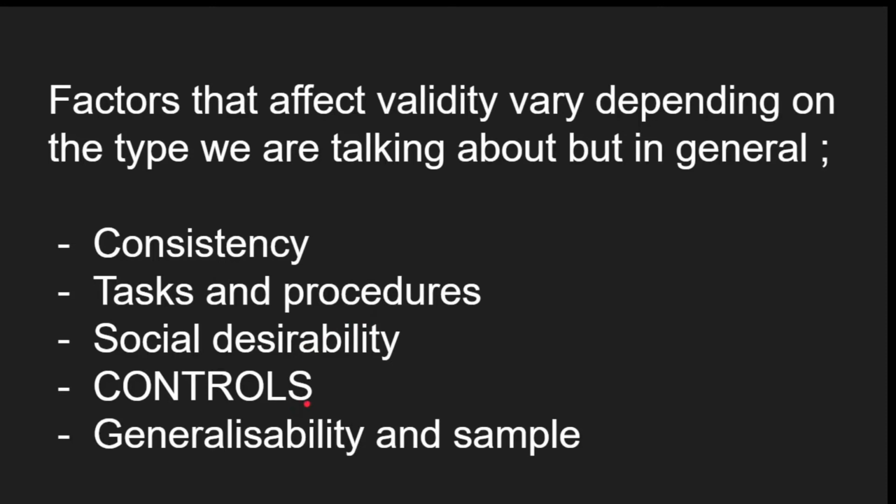So the more controls you have, the more likely it is that your research is going to be valid, and how generalizable your research is, what kind of sample you're using, because the type of sample means the type of attributes that will affect your research, and population validity is also key.